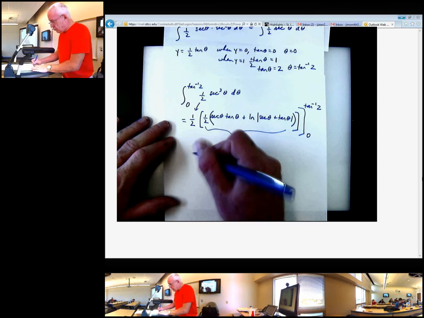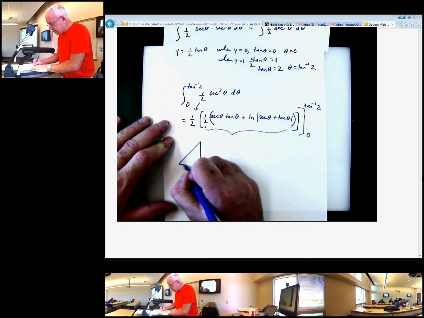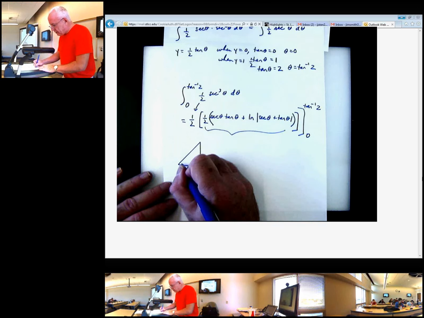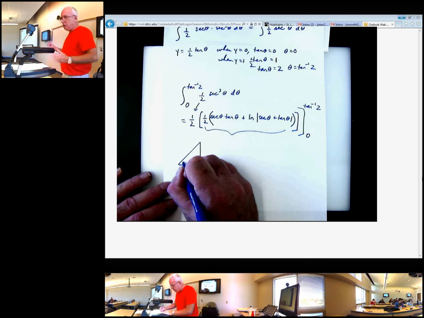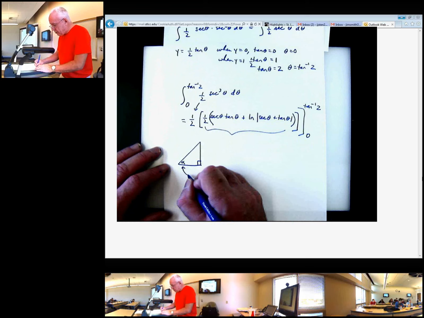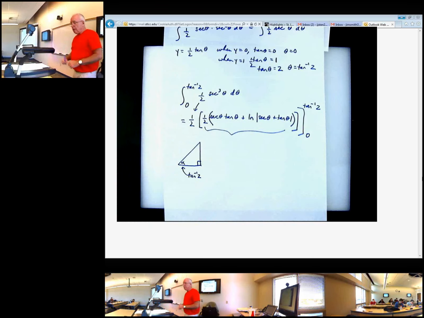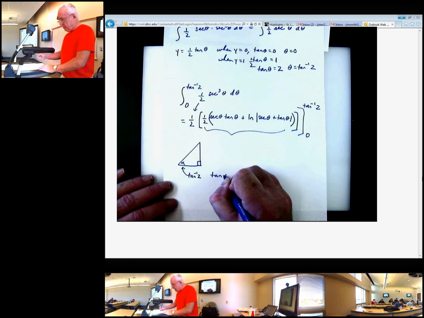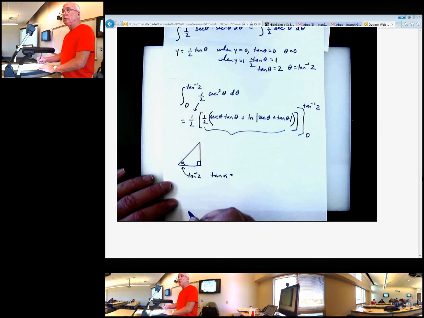Let's draw a little right triangle here, and let's call this corner alpha. You can call it anything you want to. This angle that we're putting in here is the tan inverse of 2. That means that the tangent of this alpha is equal to 2, right?